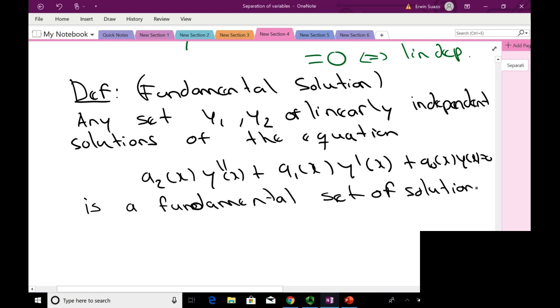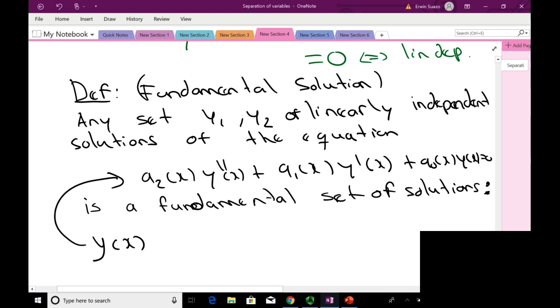So how is this really going to work? What it really means, or how we're going to use it, is: let's say you have a solution y(x) to this equation.